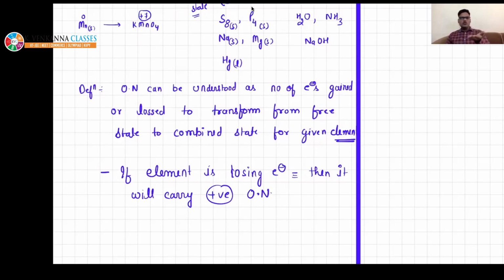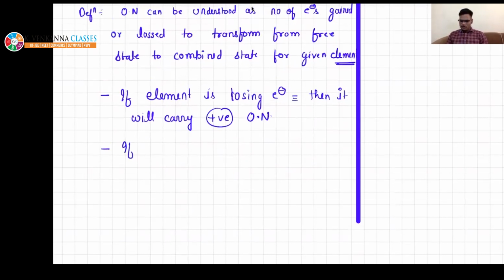So it will gain positive oxidation number. If negativity is going, it means positivity is coming. On the other hand, if an element is gaining electrons, then it will carry negative charge, negative oxidation number.